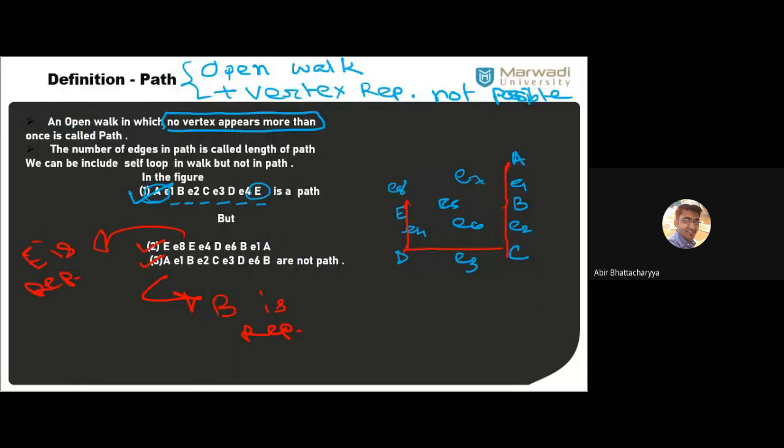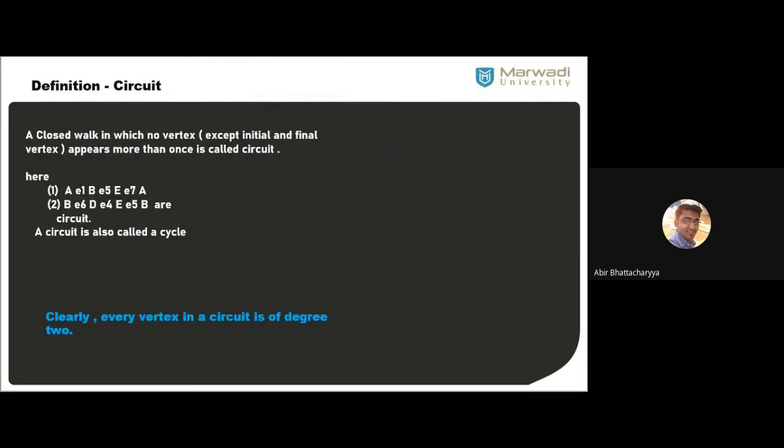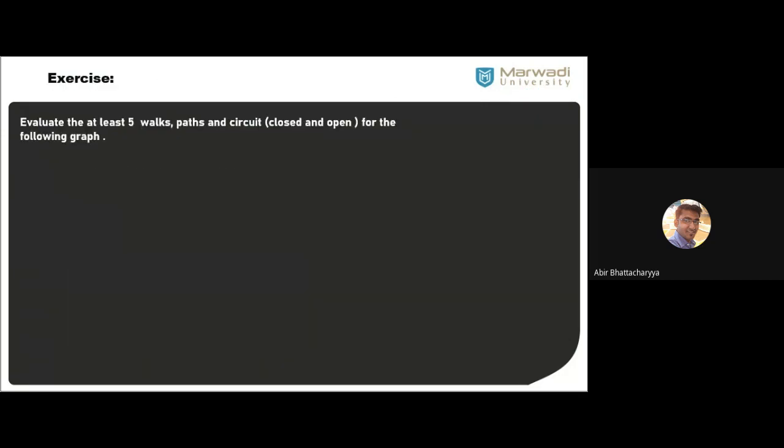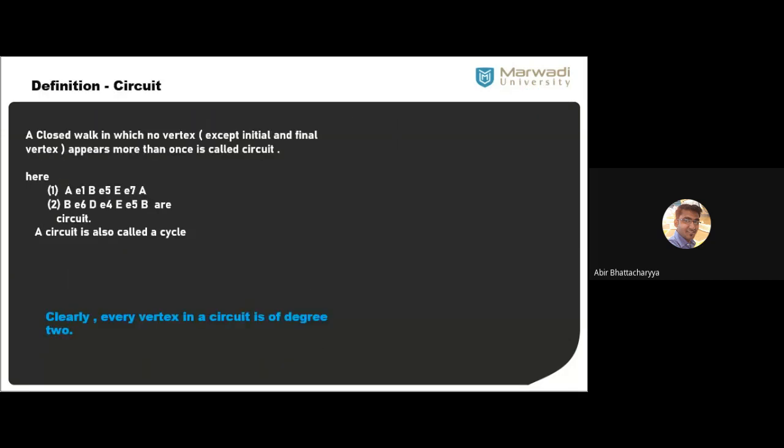No, repetition of edge not allowed. Very good. You have to cover all these vertices, all these edges. And starting vertex, end vertex, both are same, because it's a closed one. If someone asks you edge repetition, you have to cover all edges. Should I have to cover all vertices? Yes, you have to, because covering all edges means automatically covering all vertices, right?